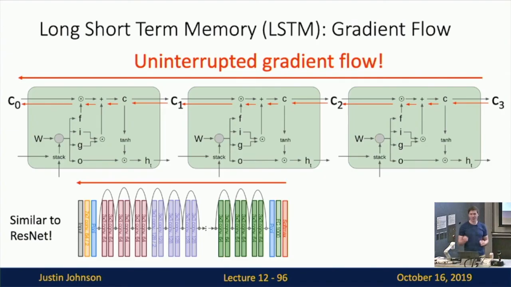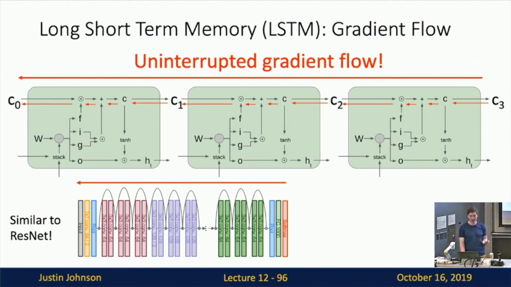So remember that in the residual networks, we had this problem of training very, very deep convolutional neural networks with perhaps hundreds of layers. And there we saw that by adding these additive skip connections between layers in a deep convolutional network, it gave us very good gradient flow across many layers. And it's basically the same idea with the LSTM, that we've got these additive connections that are now giving us this uninterrupted gradient flow, not across many, many layers, but through many, many time steps in time.